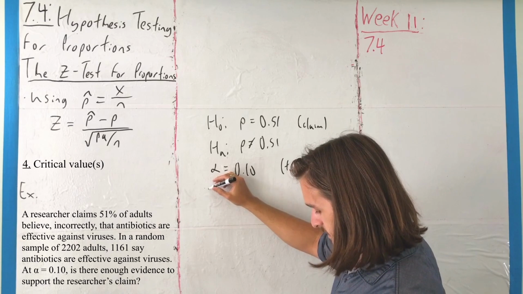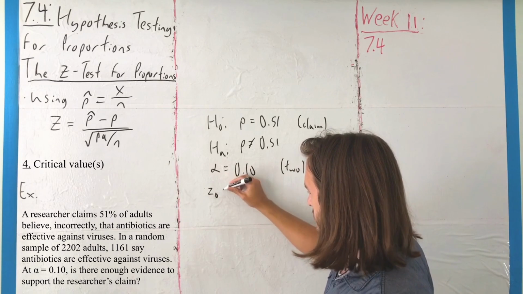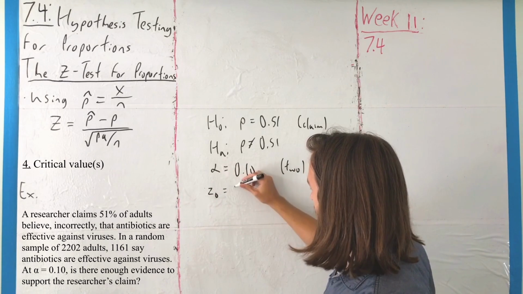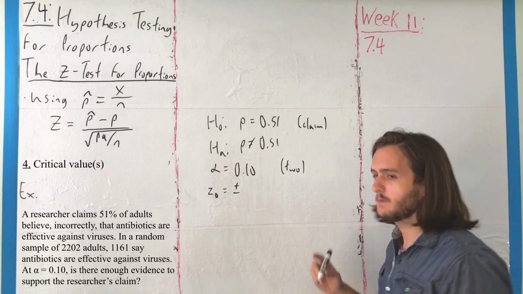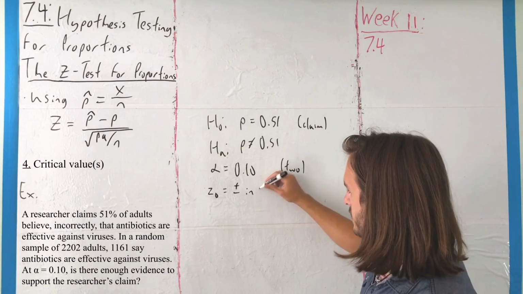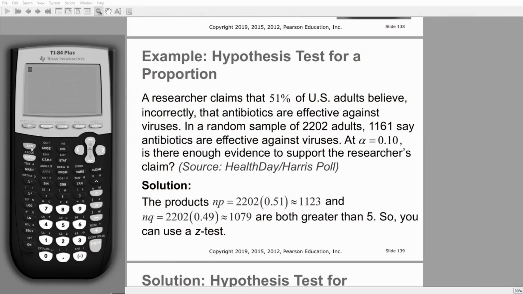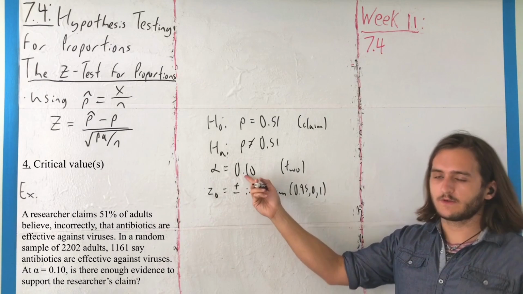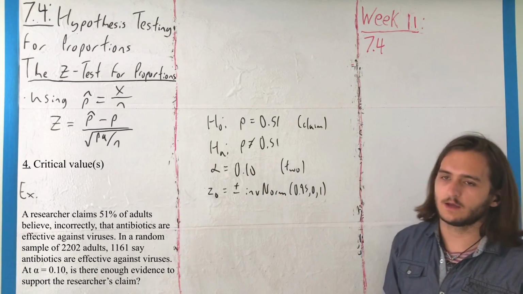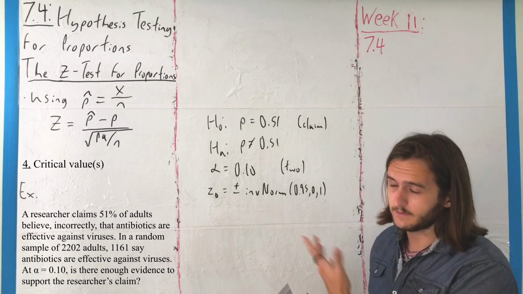So those critical values, which I'm going to denote Z0, even though it's technically two of them, would be positive and negative, because this is two-tailed, inverse normal of what's going to end up being 0.95, because you've got 10% that you're splitting between the two tails, so you want 5 in one, 5 in the other.